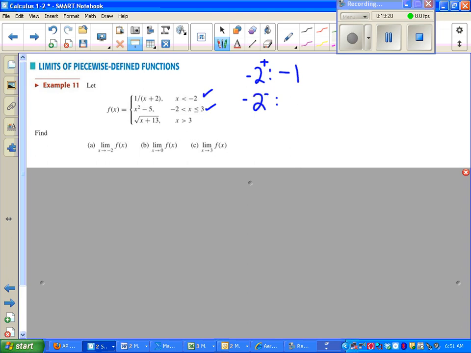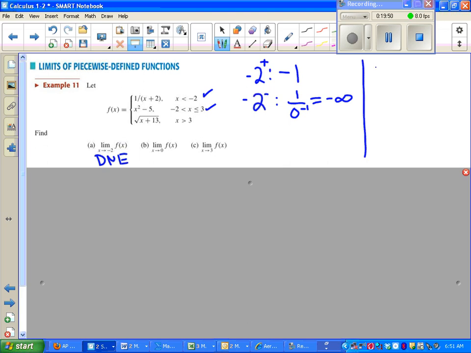So I'm going to look at this piece of the piecewise function, and when I plug that in, I get 1 over 0 from the left, which definitely does not give us negative 1. So for the limit as x approaches negative 2, we should say does not exist.